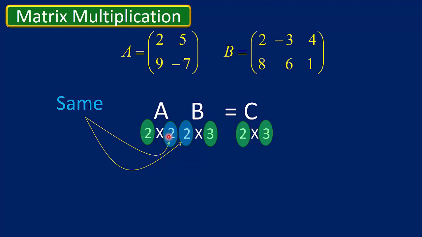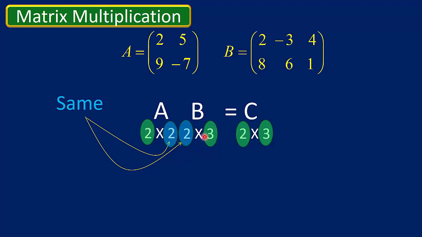It's the outside numbers, 2 by 3 in this case. You determine if you can multiply the two matrices together by looking at these middle numbers. If the middle numbers are the same, you can multiply. What's the size? Well, the outside numbers.